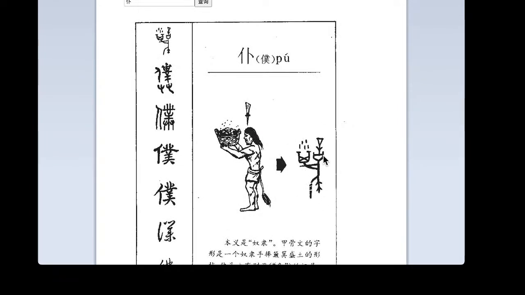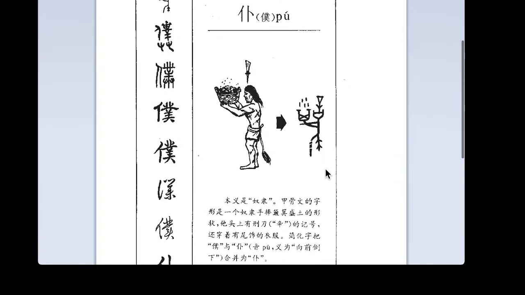It literally is a picture of a slave holding a container that has lots of stuff inside, even some liquid, and who knows what, maybe dirt, maybe grain.